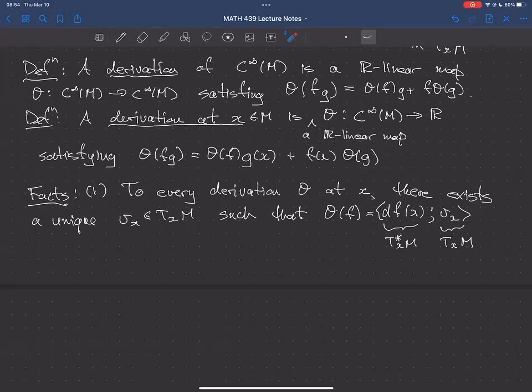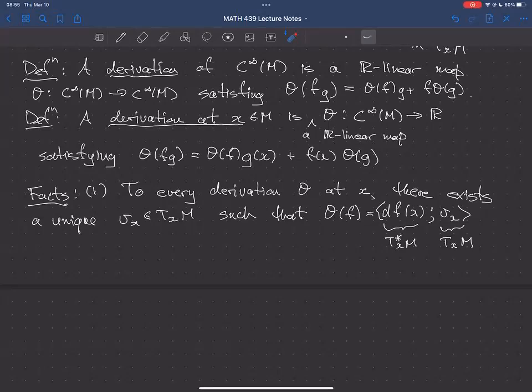You have to choose coordinates and define addition and scalar multiplication in the coordinates, and then show that the definition is independent of coordinates. So it's rather non-direct. Here, the space of derivations, you can verify, automatically has a vector space structure, and so this makes it immediate that the tangent space is a vector space.